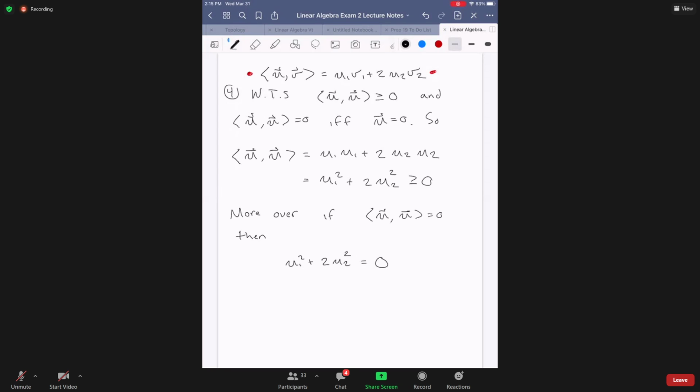Remember, this isn't linear, right? So you can't just solve it in how we usually do it. So does this mean that the vector has to be 0?